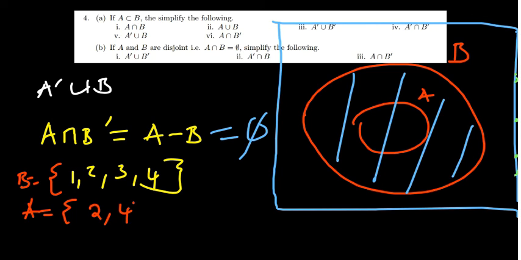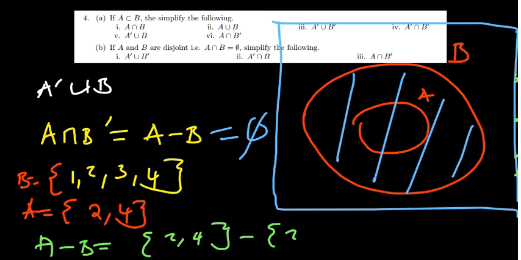So if you say B minus A, actually it's A minus B. So if you say A minus B, your A is 2 and 4. So you need to remove all the elements that are common. The intersection between the two sets is 2 and 4. So it will be an empty set.